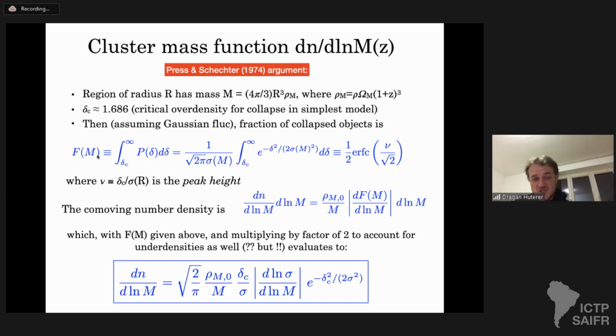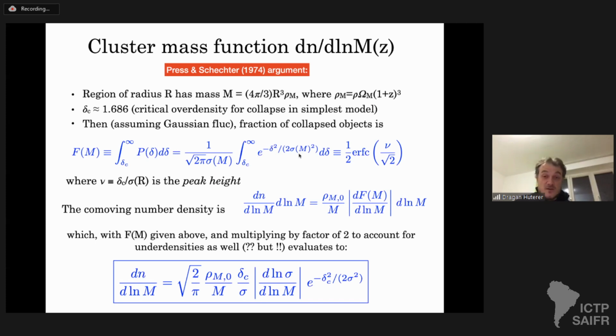So then Press and Schechter say, let's calculate the fraction of collapsed objects. What's the fraction of collapsed objects? They say it's the probability of some overdensity, P(delta) d delta, where delta goes from this number to infinity. They just add them all up, and in the Gaussian limit, this is e to the minus delta squared.